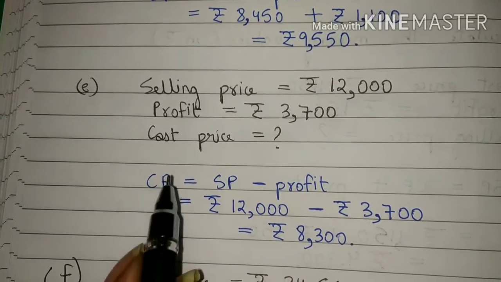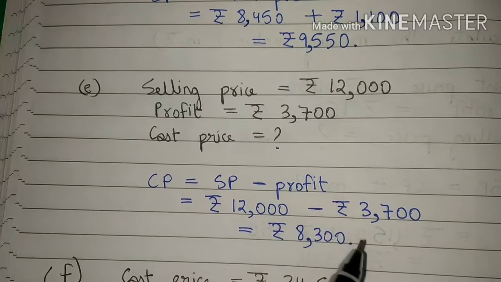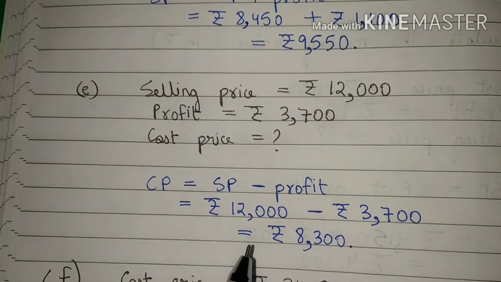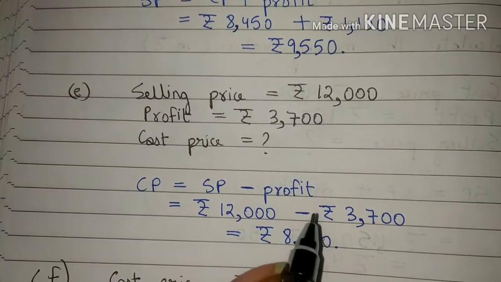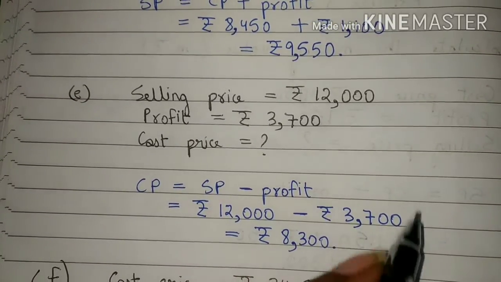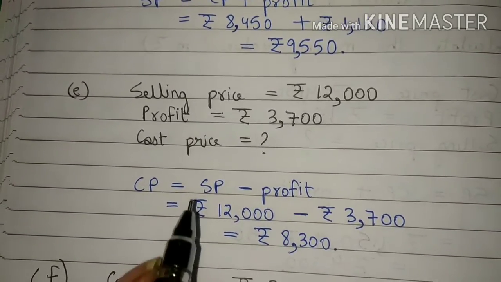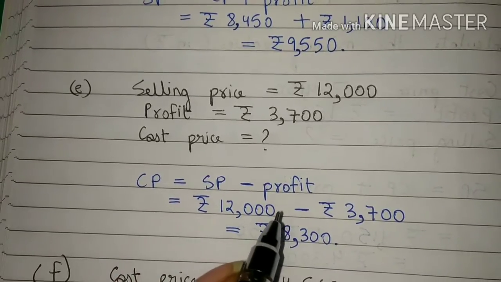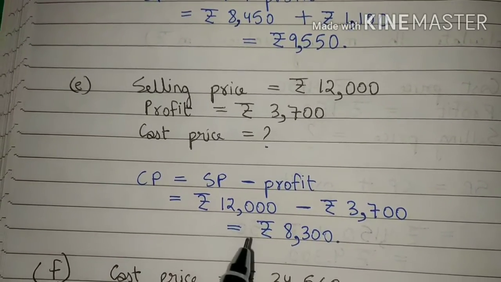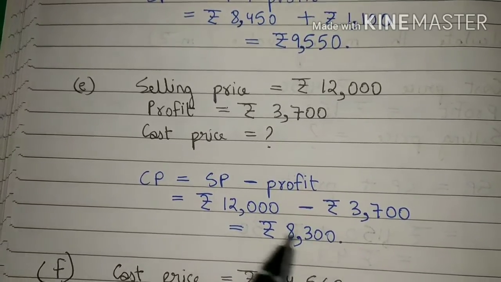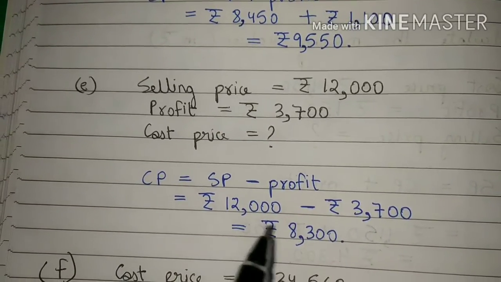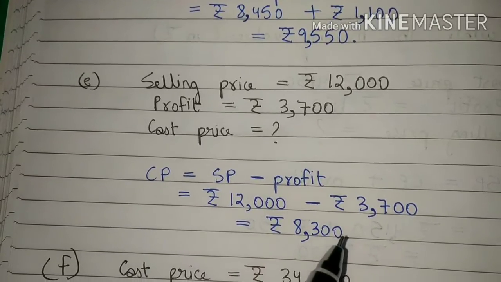So, cost price is rupees 8,300. Students, when you subtract rupees 3,700 from rupees 12,000, then you will get answer rupees 8,300. So, cost price is rupees 8,300.